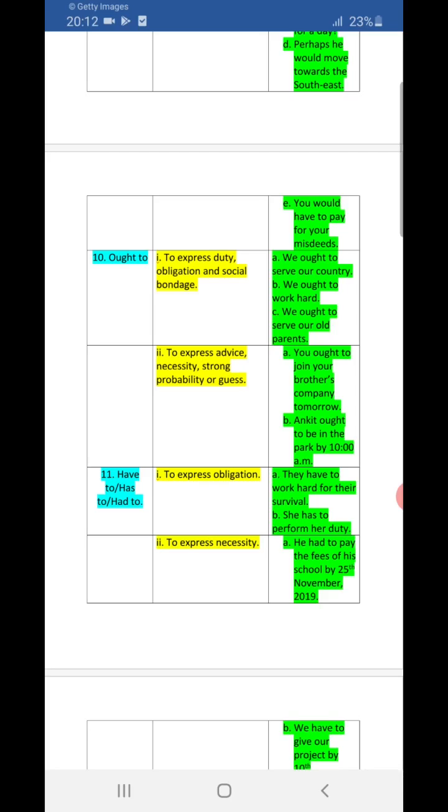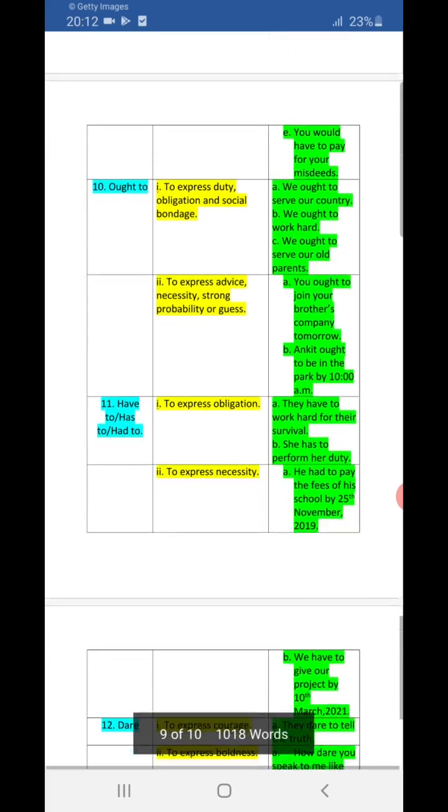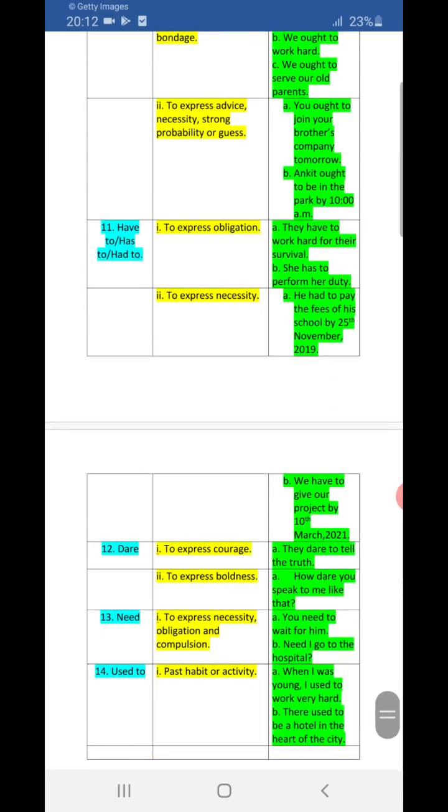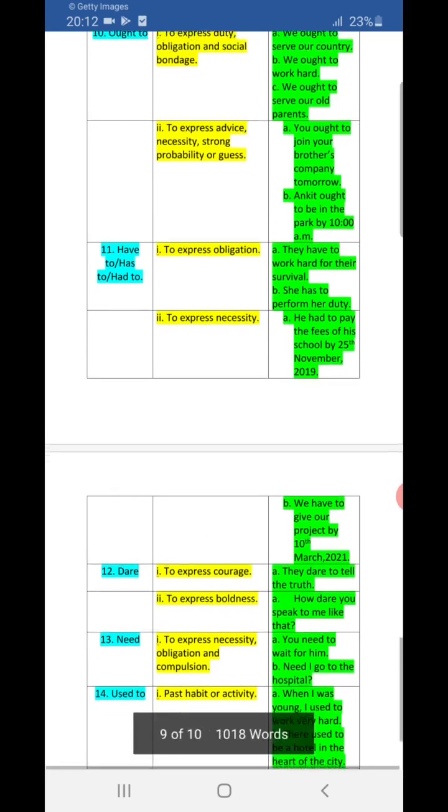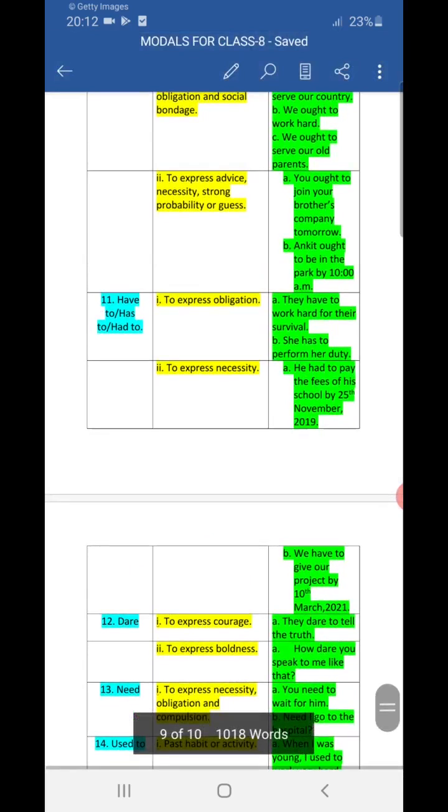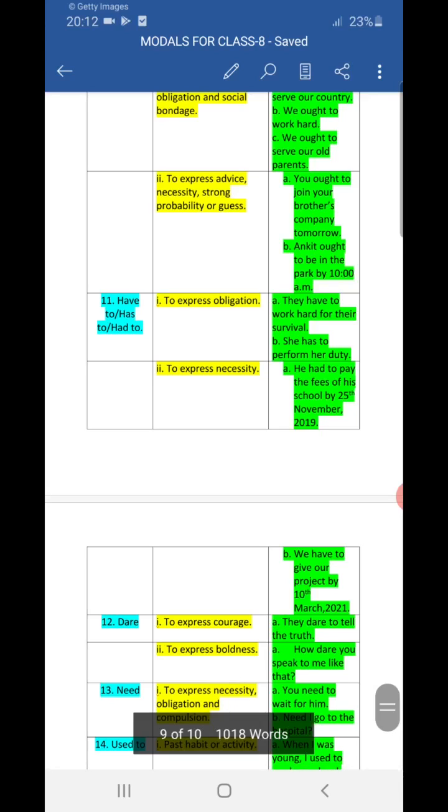Next, number 2. To express advice, necessity, strong probability, or guess. Example number A. You ought to join your brother's company tomorrow.